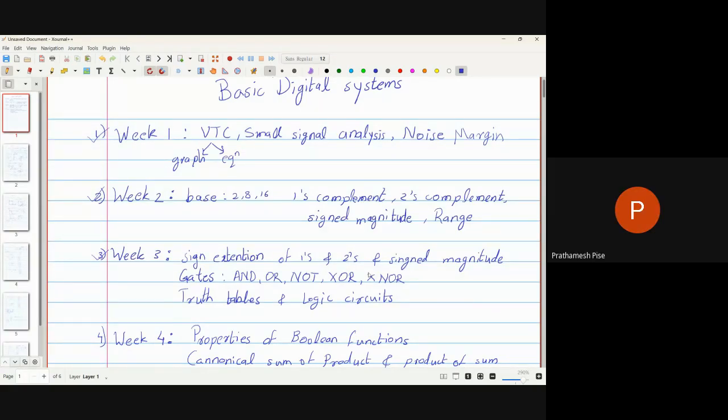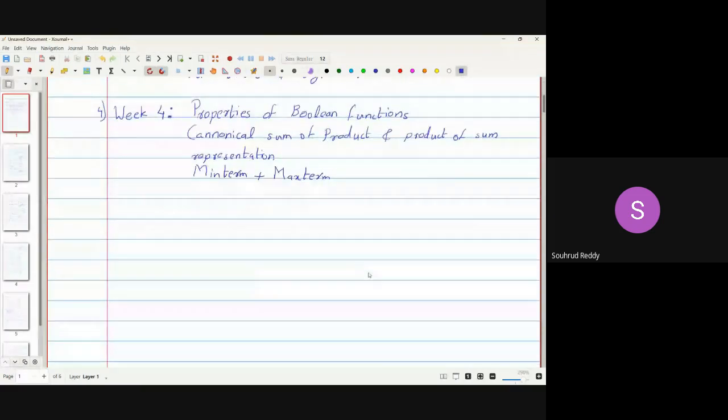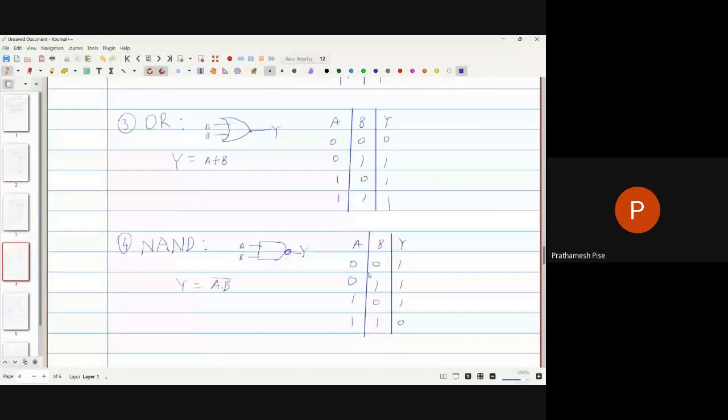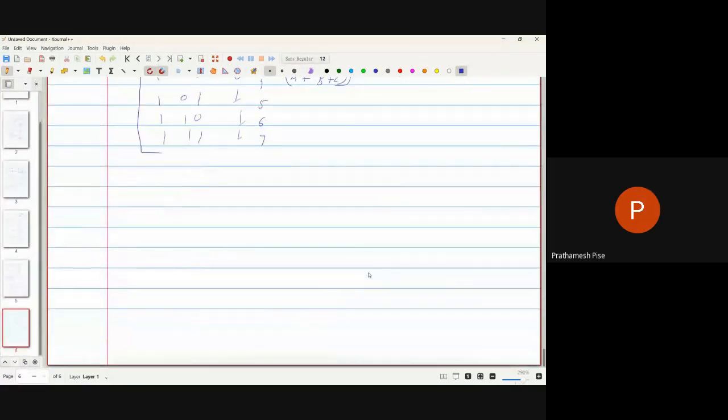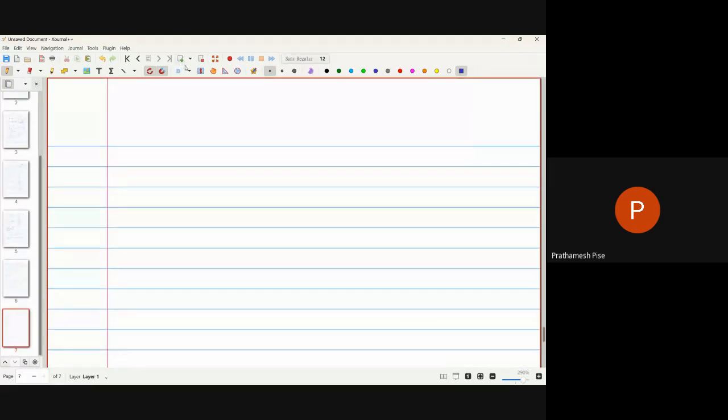Base finding. Let's say, in this example, 16 base x is this value. How do we find what x is? So suppose 16 base x is some value and the value in base B is known. Usually the questions are like that. You can always go to the basics.